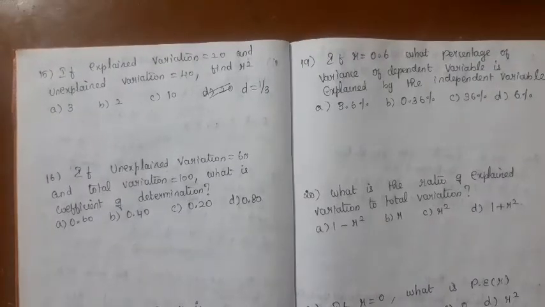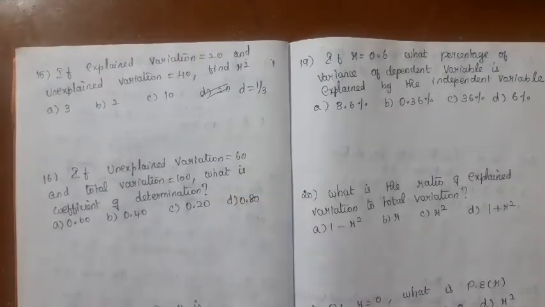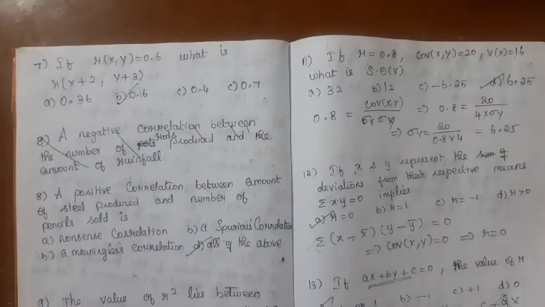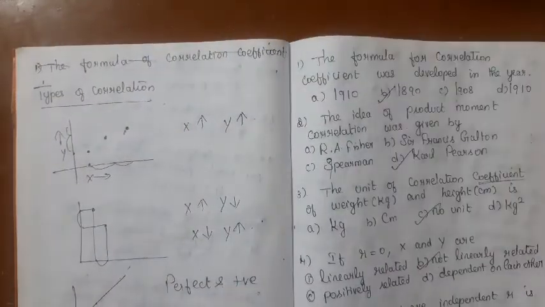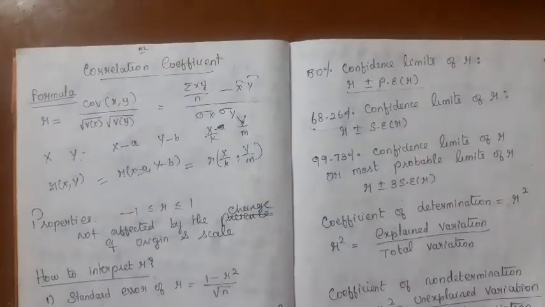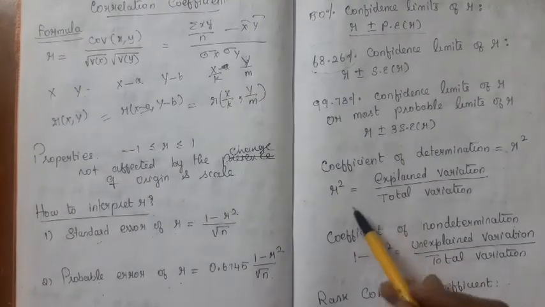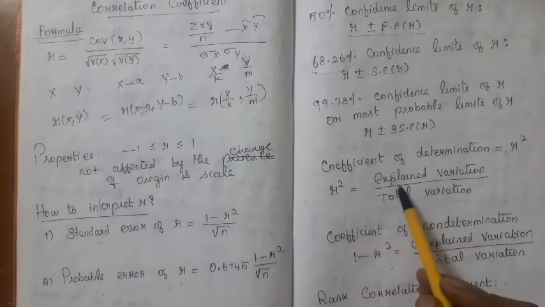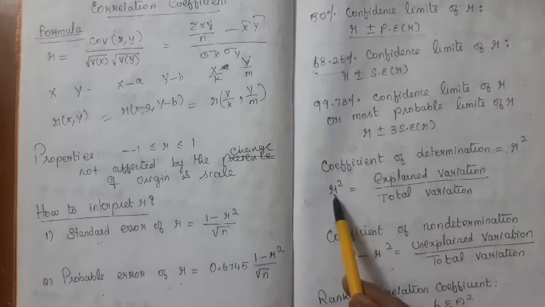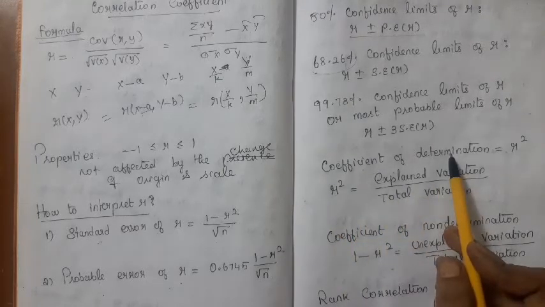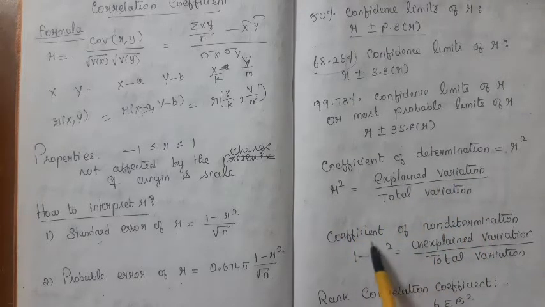Yes, in this video, let us continue the problems which we discussed so far about correlation, and try to remember these formulae. The ratio of explained variation to the total variation is R square, which is called coefficient of determination, and the coefficient of non-determination is the ratio of unexplained variation to the total variation.